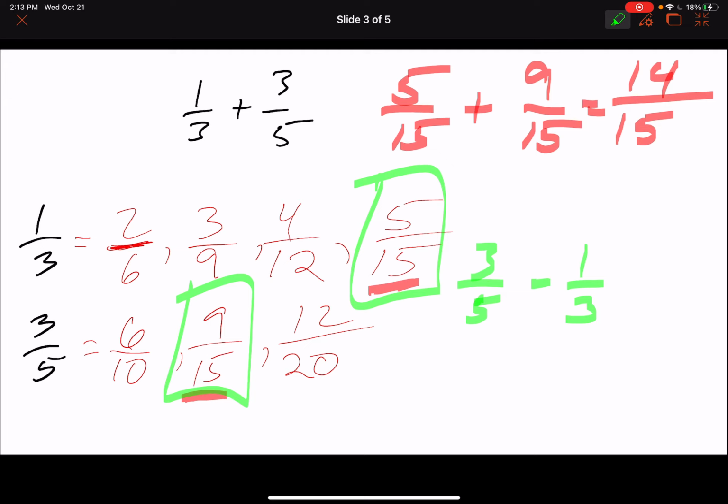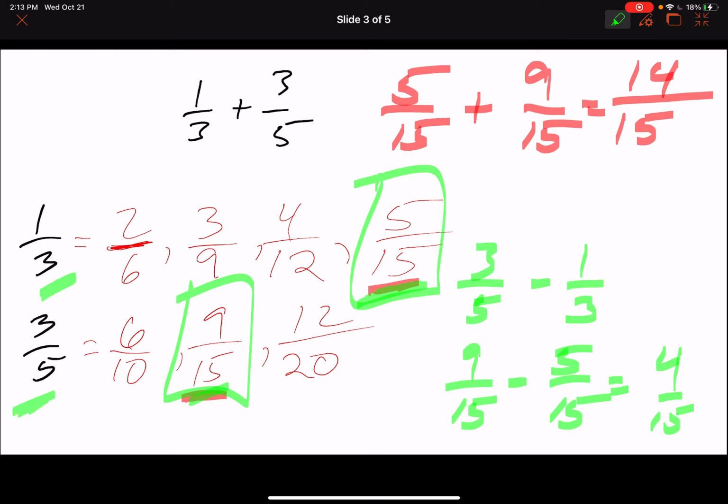So this would be 9/15, which is equivalent to 3/5, minus 5/15, which is equivalent to 1/3, and then I can just subtract. Okay, so by finding the fractions in each list with the same denominator, you're finding the lowest number that is a multiple of both denominators.